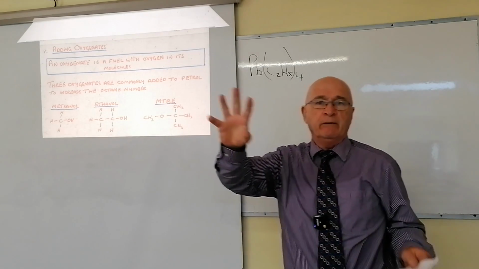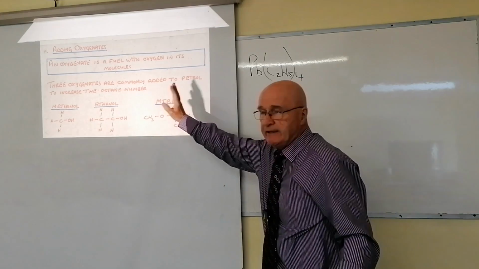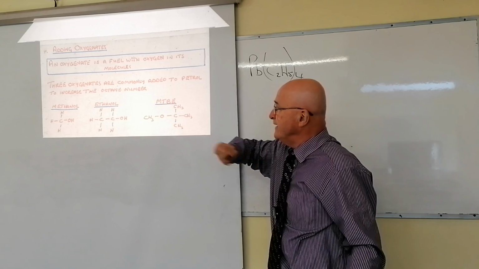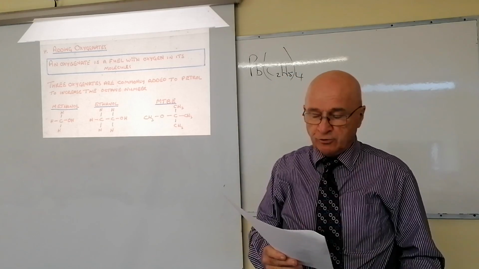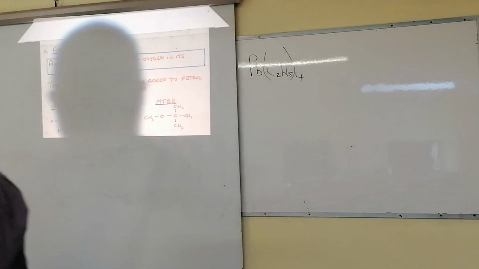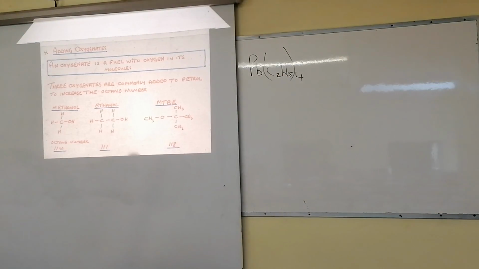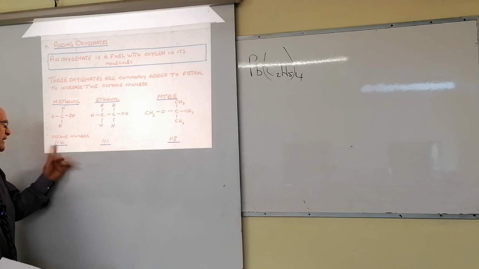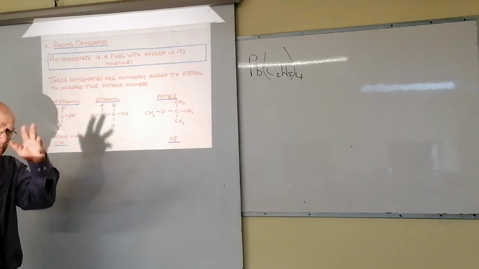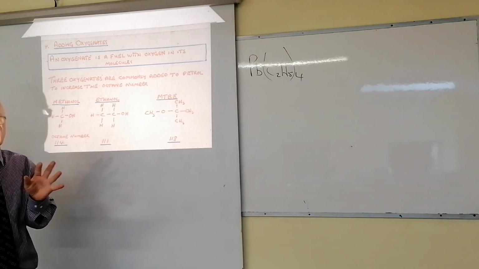Someone was telling me once they remember it as MTV, okay? But whatever you're doing, please, that will be the name. Ethanol and methanol are the other chemicals added to petrol to improve the octane number. Please, you do not need to know that. Something with an octane number of 114 is a super fuel. Okay, it's the super fuel. Will you take it, please?